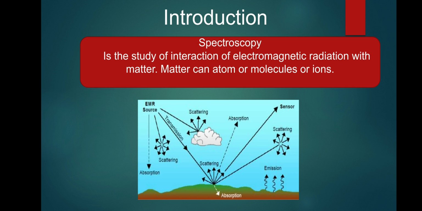So when light is interacting with you, you feel some disturbance and you respond to that. That is spectroscopy. It is the study of interaction of electromagnetic radiation with matter. That matter can be a molecule or an atom or an ion. The simple example: if you are sitting in the room and somebody shines a torch on your face, how do you respond?